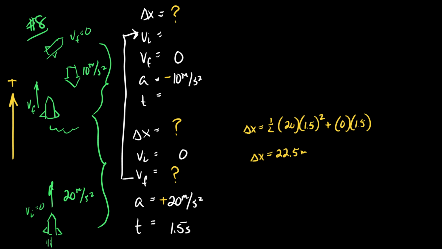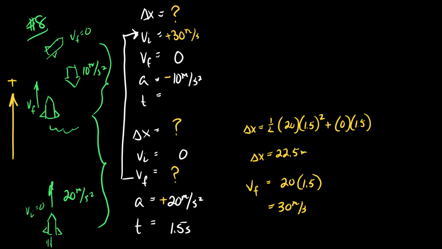I also need the final velocity. So final velocity equals a times t. And that looks to be 30 meters per second. We all good? All right, tuck that away. This is now 30 meters per second, and it's positive, so it's upwards.